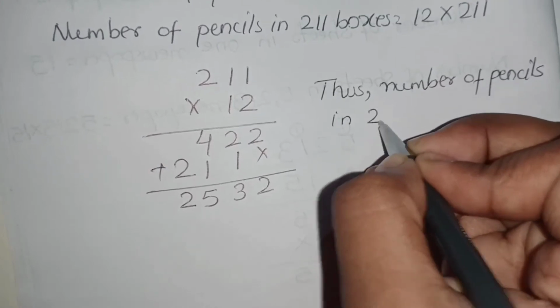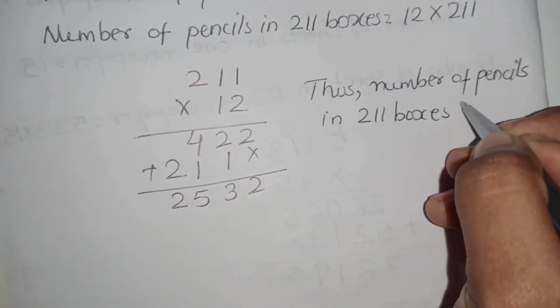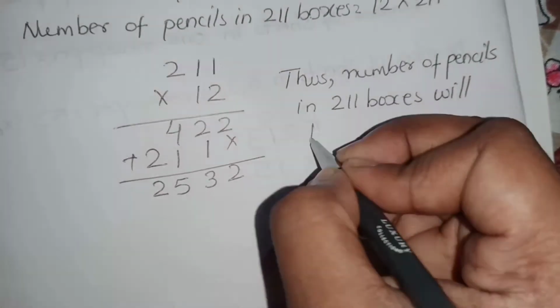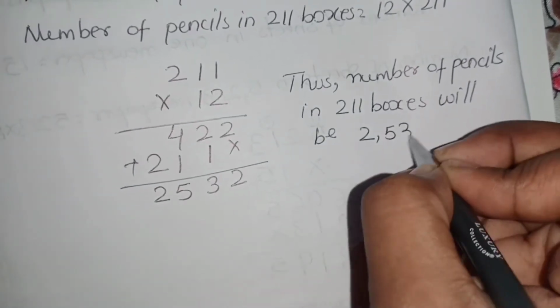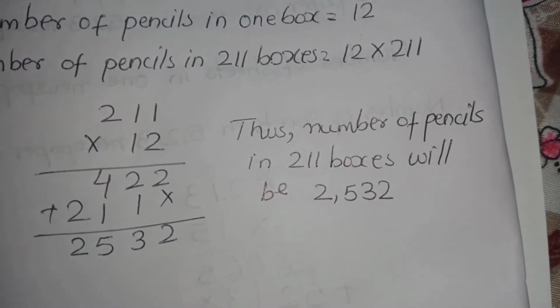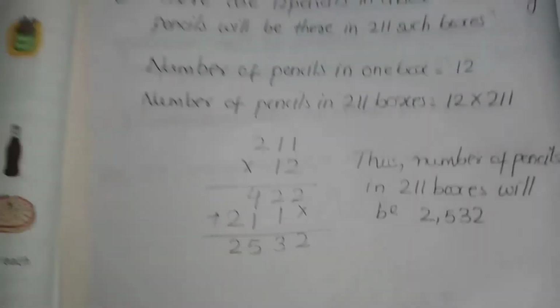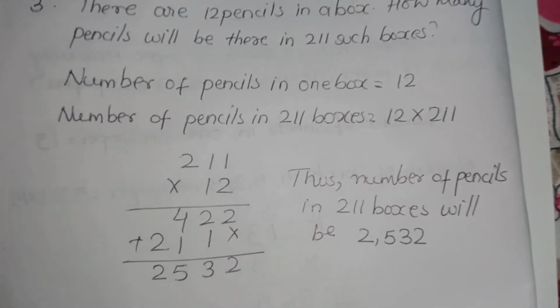Thus, number of pencils in 211 boxes will be 2532. So understood? Now let's move to question number 4.